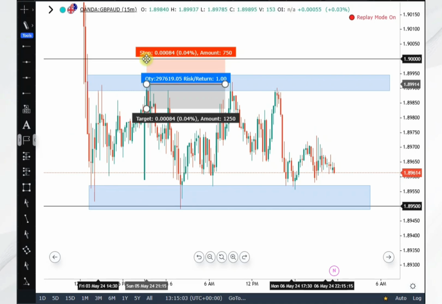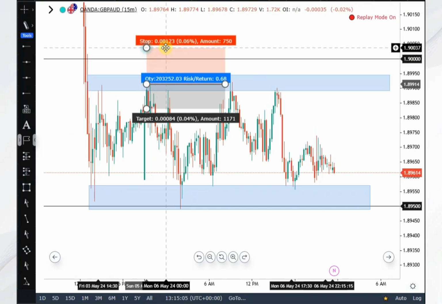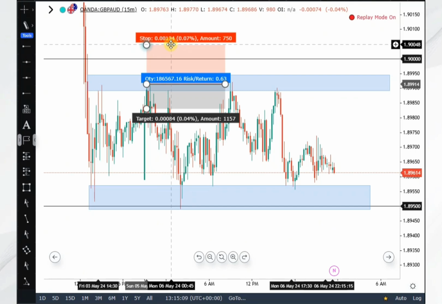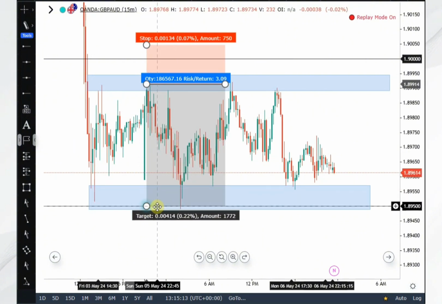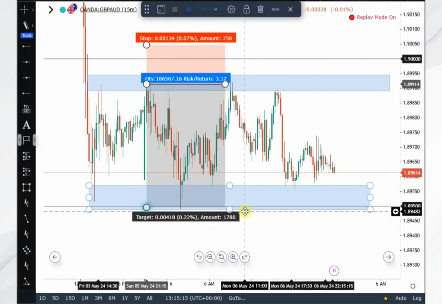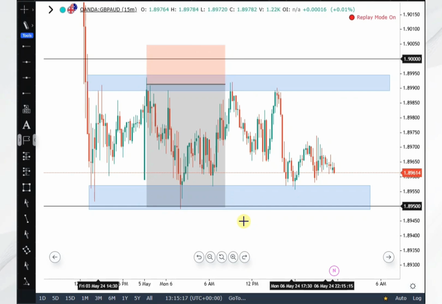Their stop orders will be a little bit above the psychological level, just to be on the safe side and to allow the market to breathe. Their target will be the next support level.